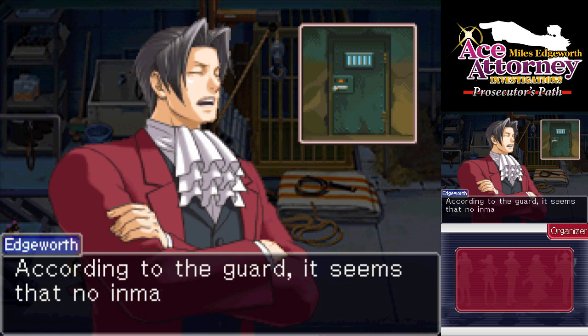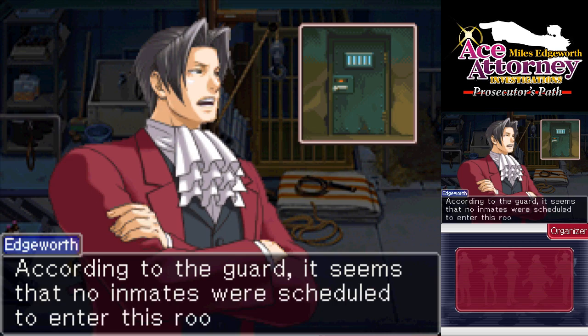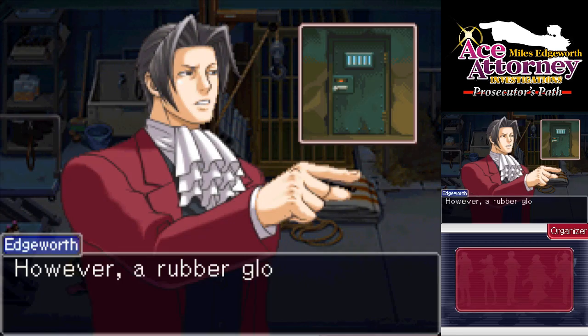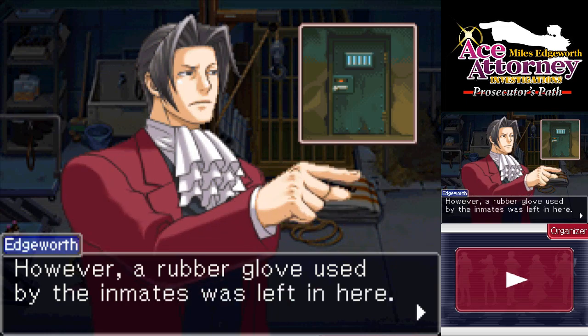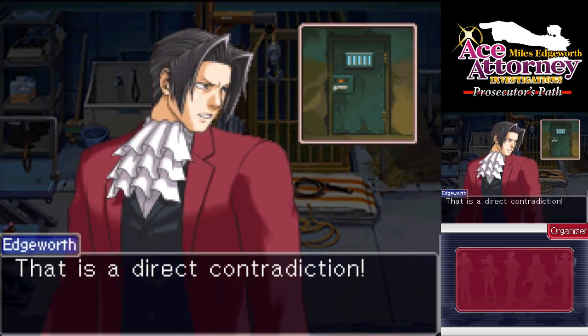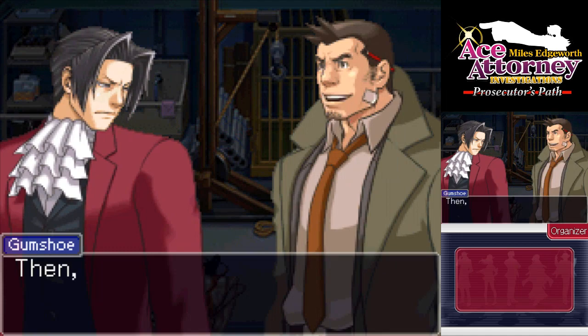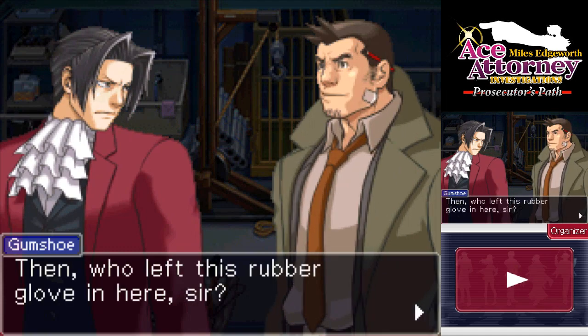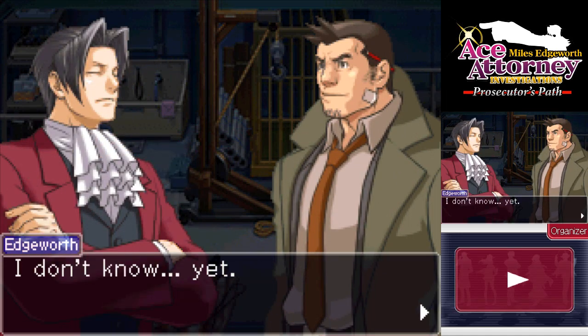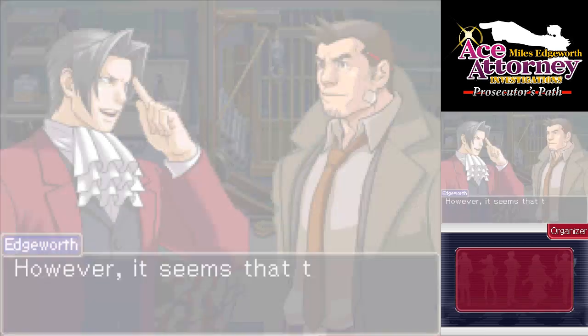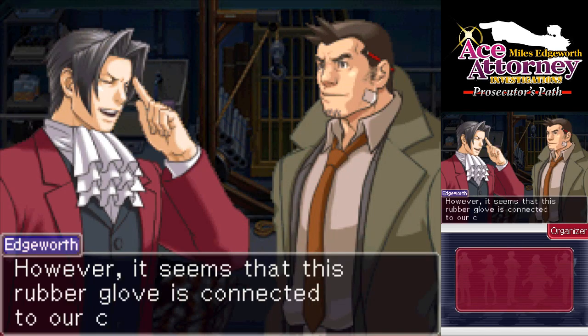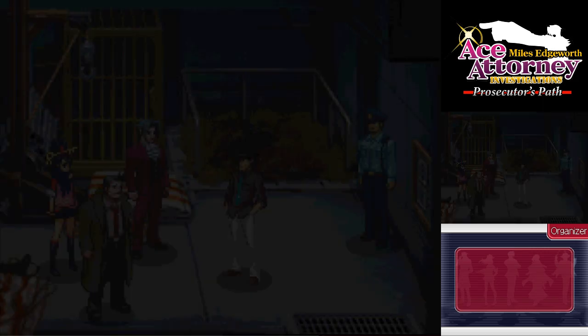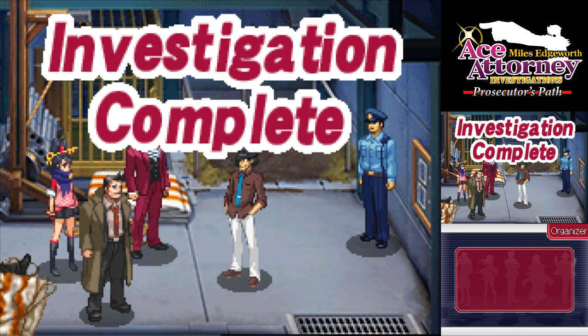According to the guard, it seems that no inmates were scheduled to enter this room today. However, a rubber glove used by the inmates was left in here. That is a direct contradiction. Then who left this rubber glove in here, sir? I don't know yet. However, it seems that this rubber glove is connected to our case. Investigation complete.